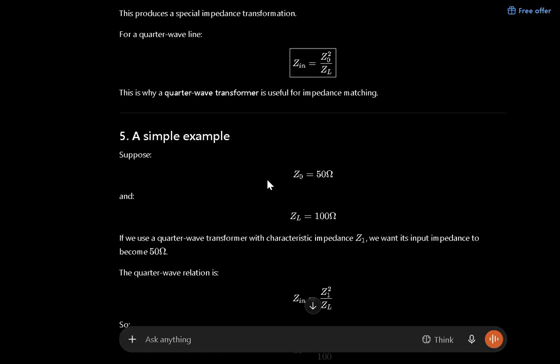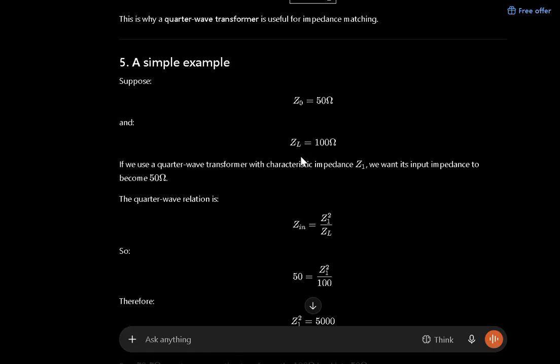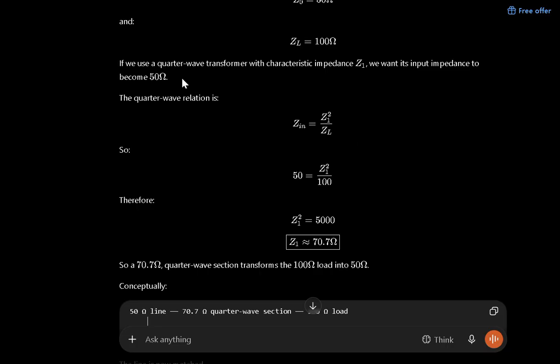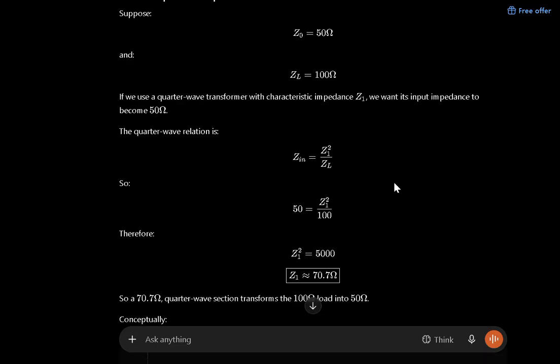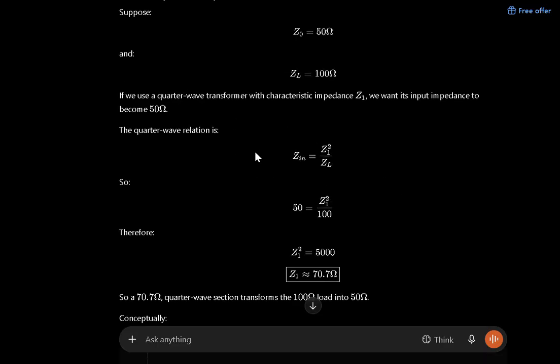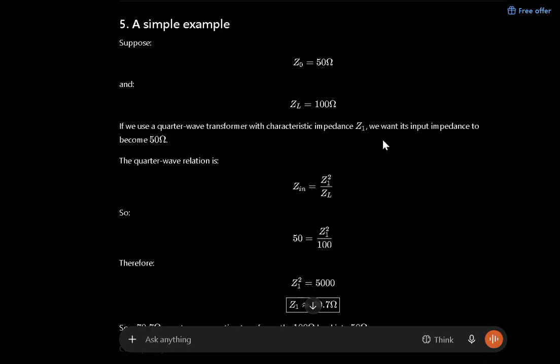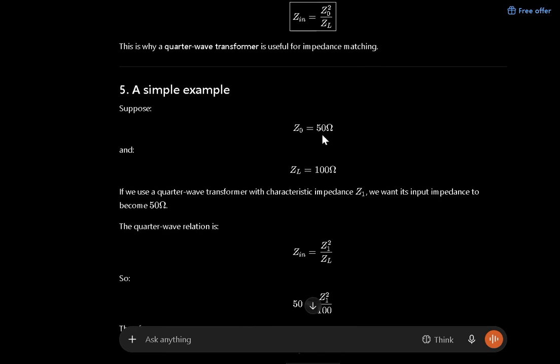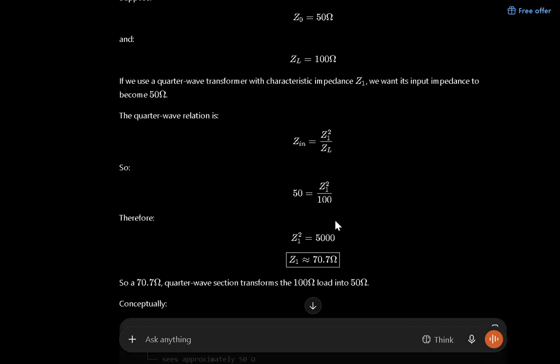A simple example: Z0 is 50, ZL is 100. If you use a quarter wave transformer with characteristic impedance Z1, we want the input impedance to become 50. So Zin equals Z1 squared by ZL. 50 equals Z1 squared by 100.